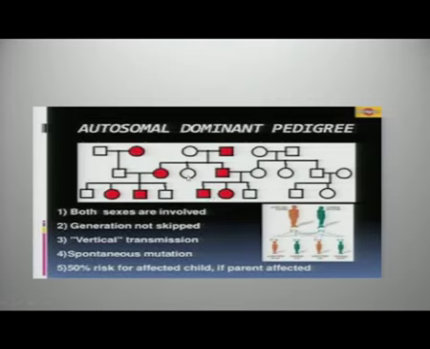If the character is a dominant one, then it can be seen in both the sexes, in male as well as in female. Not even a single generation is skipped here, and it is vertical transmission. It can occur due to spontaneous mutation, with 50% risk for an affected child if a parent is affected.